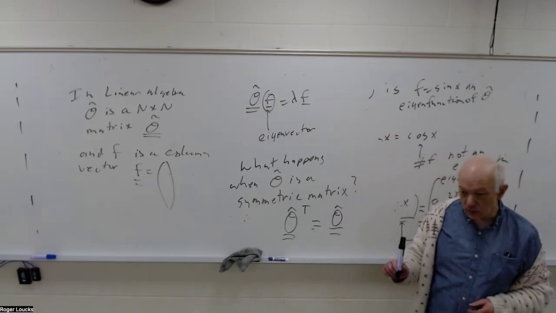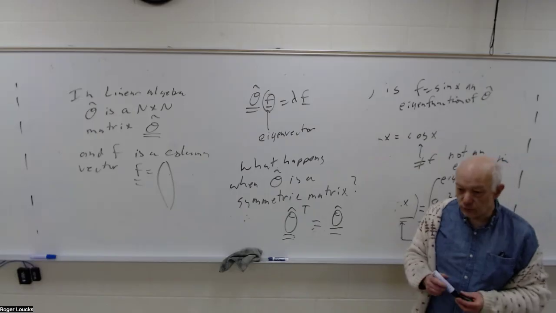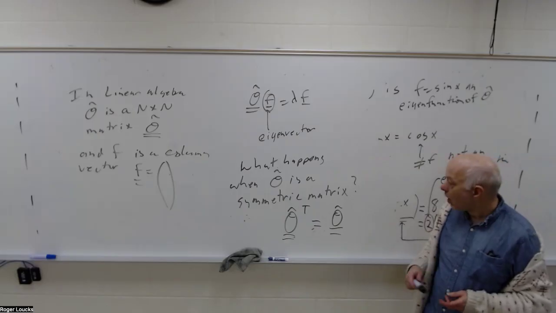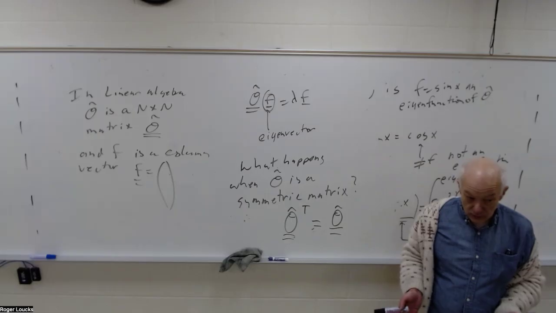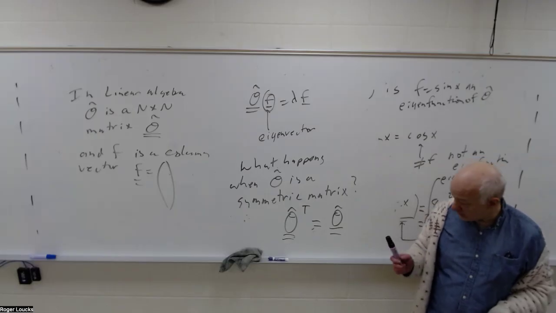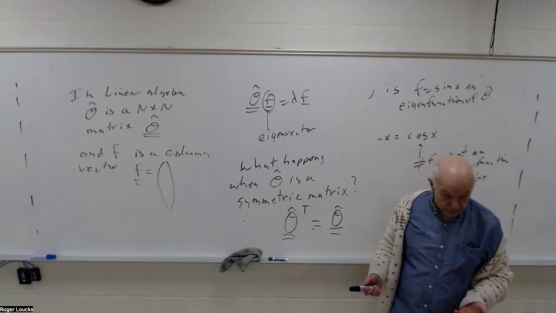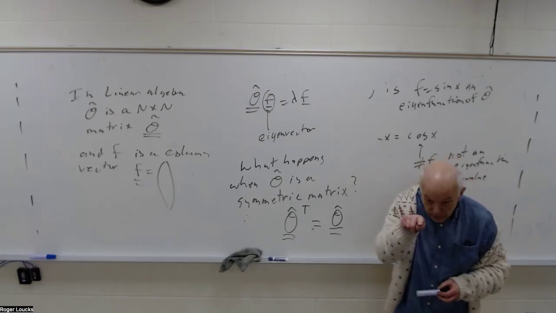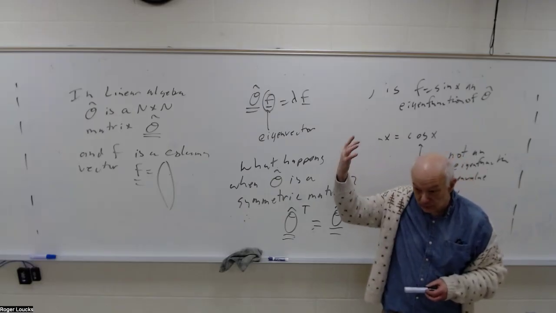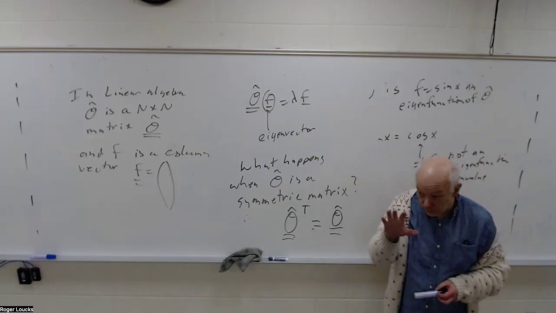Now, for those of you taking quantum, this is part of a conversation with the quantum people. You're going to have the exact same thing in quantum mechanics. The difference is that it's always going to be complex, meaning having an i in there very frequently.